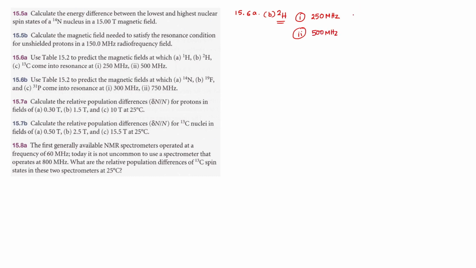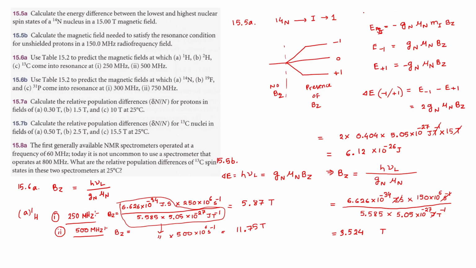So for 250 megahertz, it is now 6.626 into 10 to the power minus 34 joule second into 250 into 10 to the power 6 second inverse. And then for deuteron, the value I told you, let us check, I just forgot it.